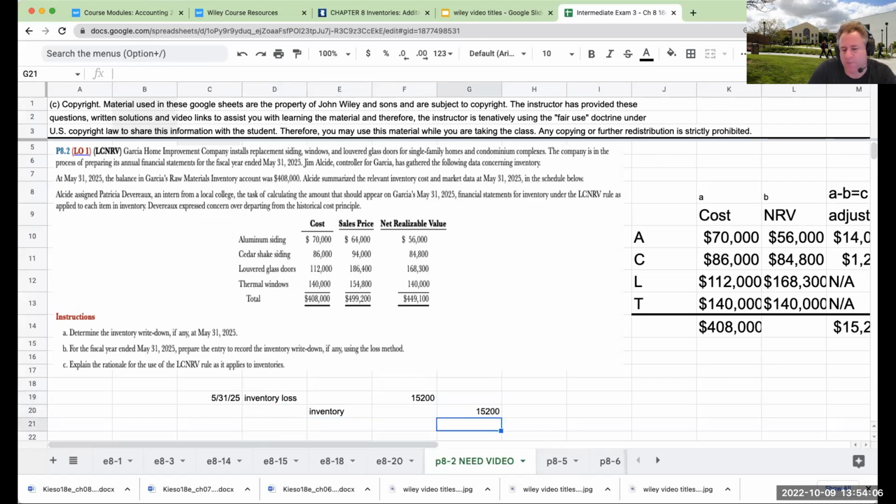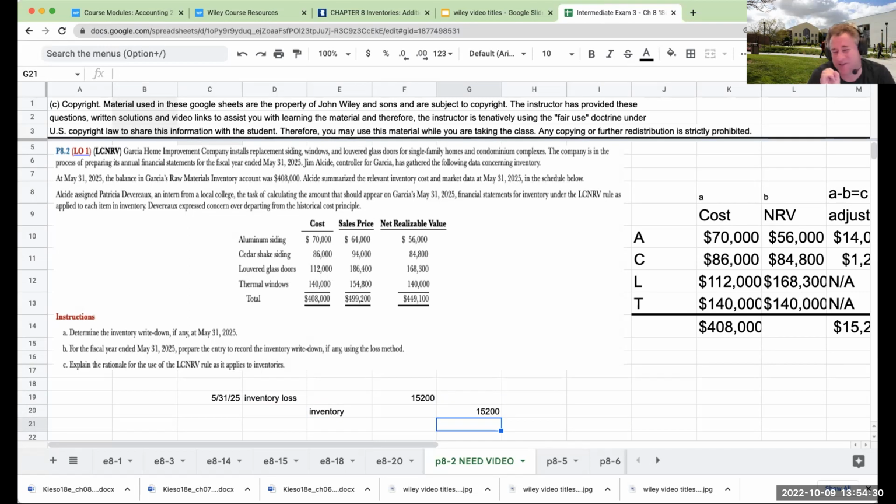The way I would probably go through and do this, and again, it depends on the materiality of the amount. Most of the time, you'll go ahead and debit cost of goods sold, and then credit inventory, or you can do it on an allowance to reduce inventory to net realizable value. It always depends upon how material the item is.